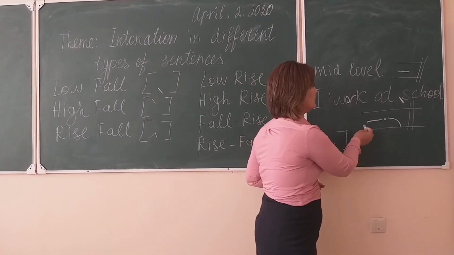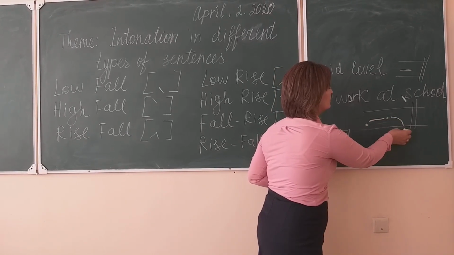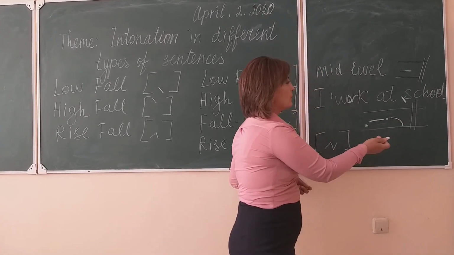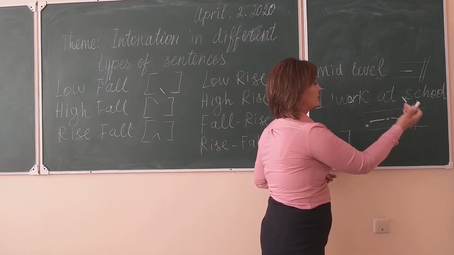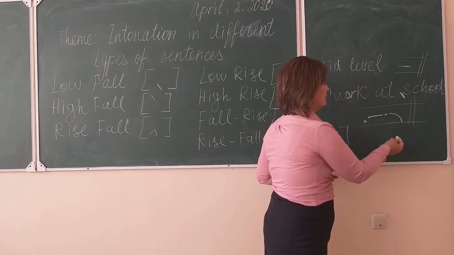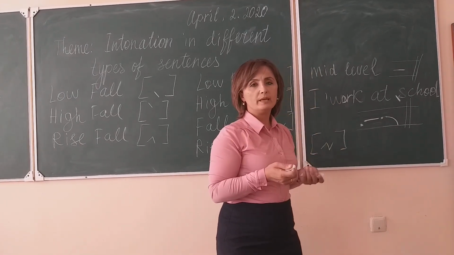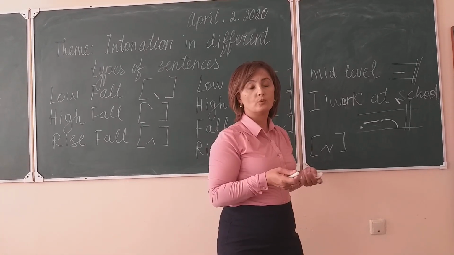And now let's read the tonogram. I work at school. As you can see, we don't have the last section of an intonation here, which is called the tail, because there may or may not be a tail in an intonation group. Why?